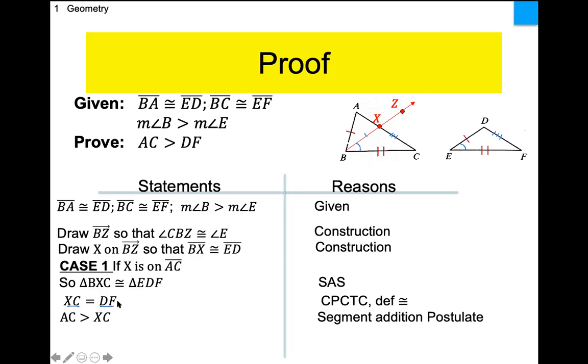So anywhere I see an XC, I can write a DF, so I will write a DF using substitution, and we got what we needed. So we got to our very end, which was AC is bigger than DF. Okay, so just a little bit of substitution. So there's case one, that's if X is on AC. So clearly, if that's the case, then AC has to be bigger than DF. Now there is one other case, and that's the case where X would not be on AC. It could either be inside or it could be outside, right?